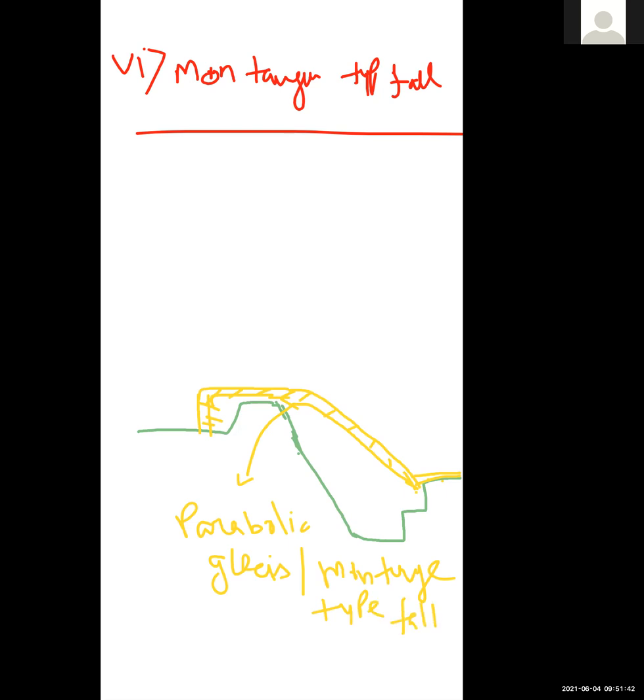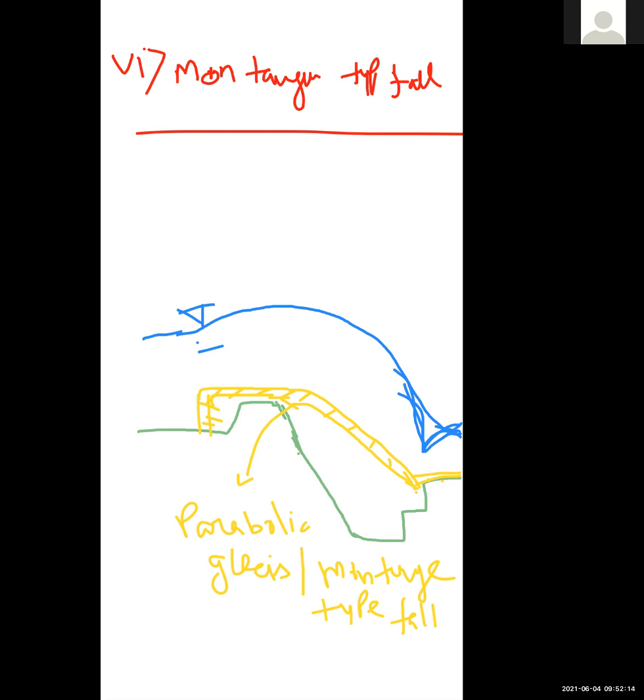And how will water flow? From here, this is the river bed. From here, water flows in this manner, and here energy dissipation also occurs in a large manner. So the energy dissipation on a straight glacis is less as compared to the Montague profile.